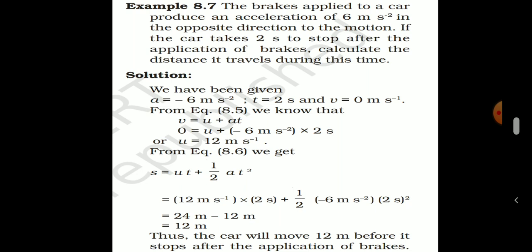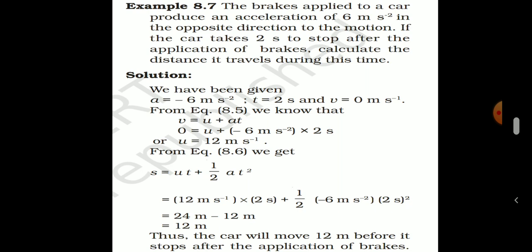And the car takes 2 seconds to stop after the application of the brakes, so t is 2 seconds. After 2 seconds the car is going to stop, that means its final velocity is going to be 0.